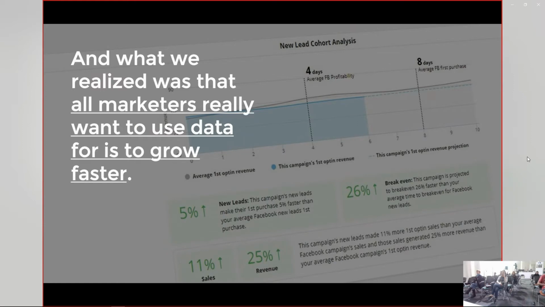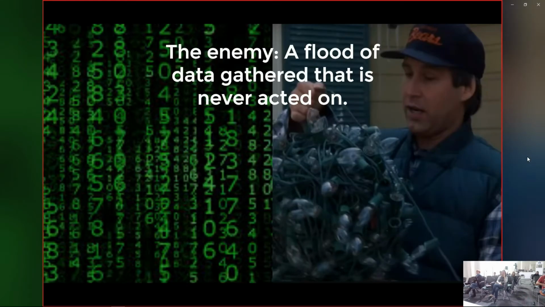I'm a data person. I love being in numbers all the time, but everyone's different. And marketers are generally, if you're really good at marketing, that talent you have for marketing may not translate to a talent for data. And so how do we make data that's going to help you grow faster? So I looked at this flood of data that no one was acting on.